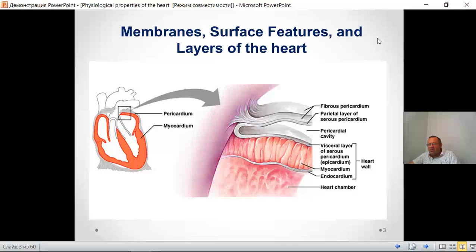This mesothelium secretes the lubricating serous fluid that fills the pericardial cavity and reduces friction as the heart contracts.